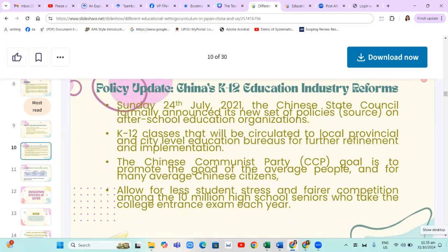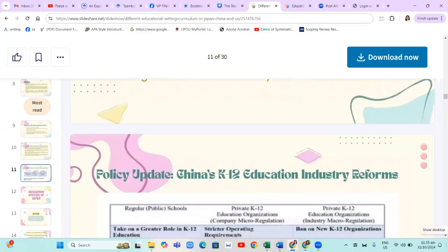The Chinese Communist Party, or CCP's goal is to promote the good of the average people and for many average Chinese citizens, allowing for less student stress and fairer competition among the 10 million high school seniors who take the college entrance exam each year.